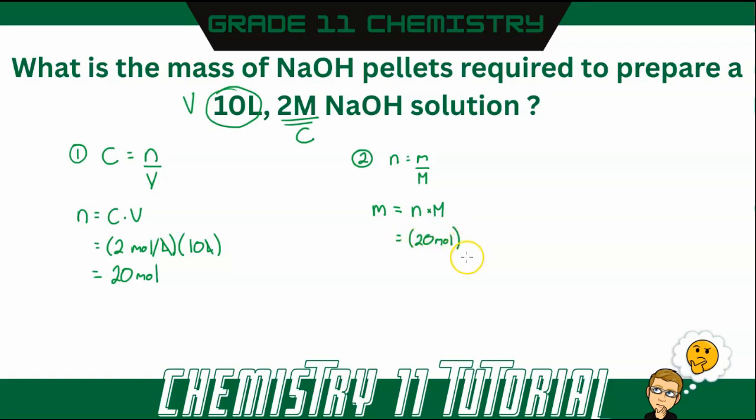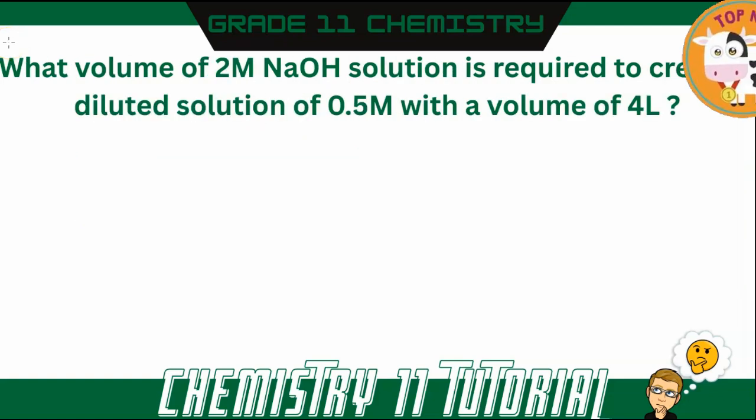And our molar mass for sodium hydroxide is, we have 22.99 grams per mole for sodium, 16 for oxygen, and 1.01 for hydrogen. So a total of 40 grams per mole. So that would mean we need 800 grams of the sodium hydroxide pellets. All right, excellent. Step 1 is complete.